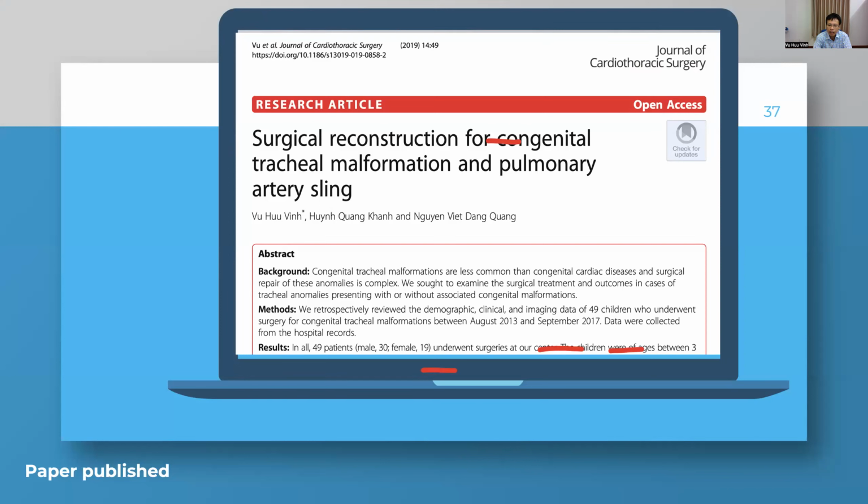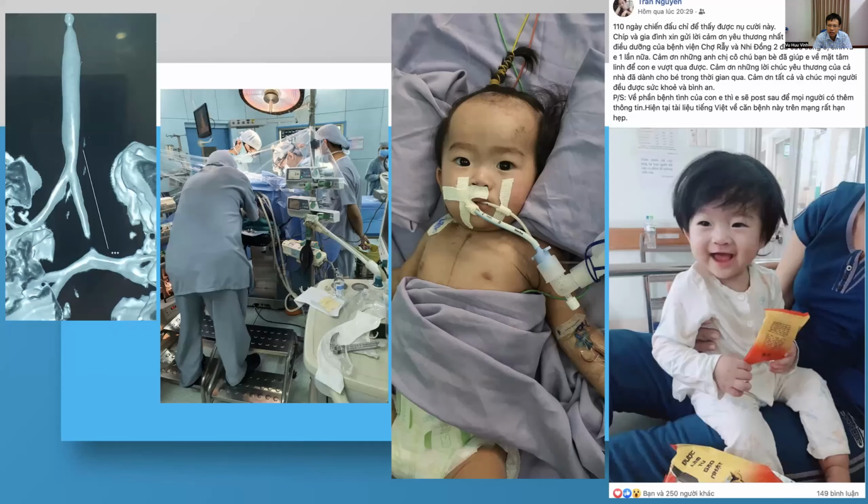In 2017 we had almost 50 patients, but now we have maybe over 100, maybe almost 150. They all survived and developed very well post-operatively. As you can see, this girl had a very complicated case, and before surgery she was about 2 months in the hospital.